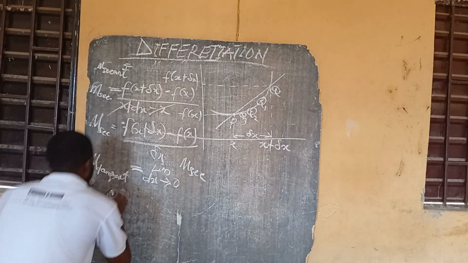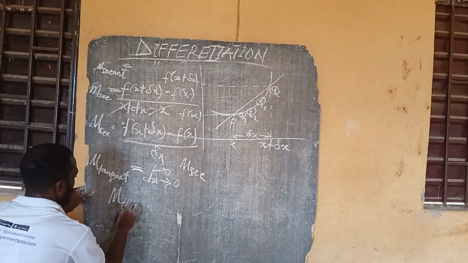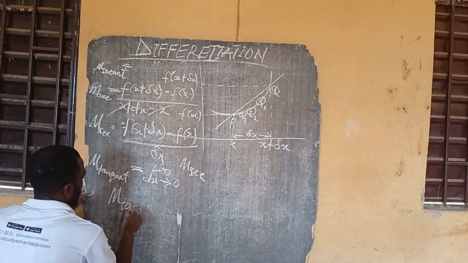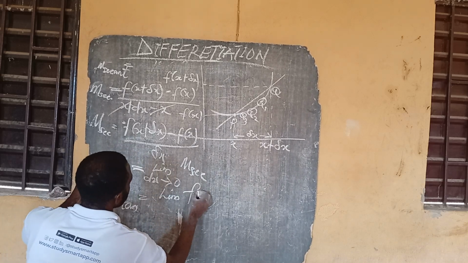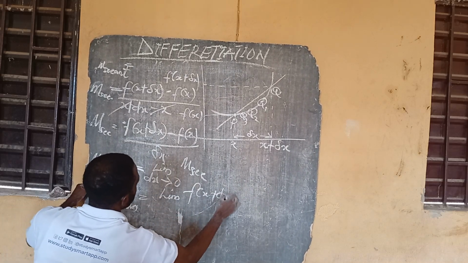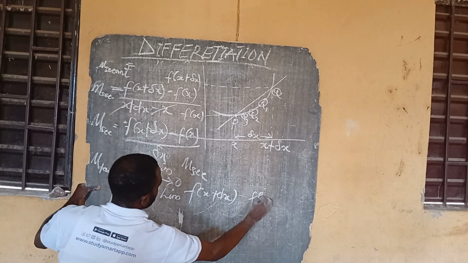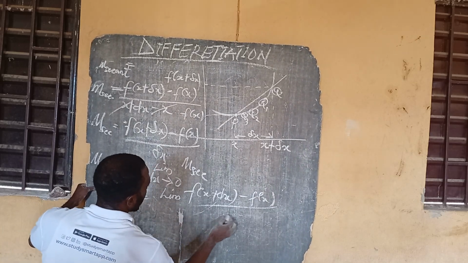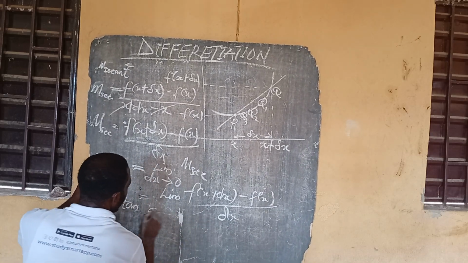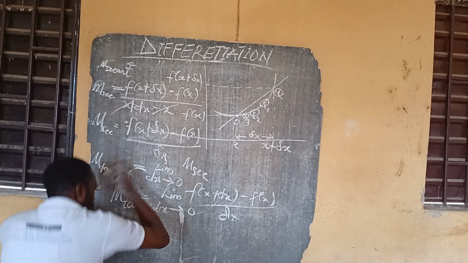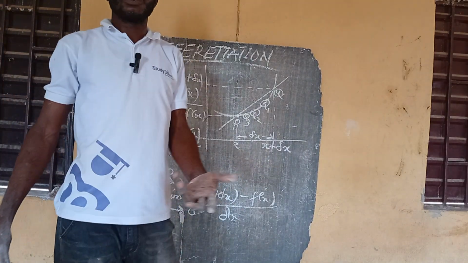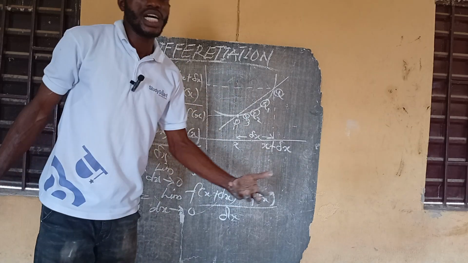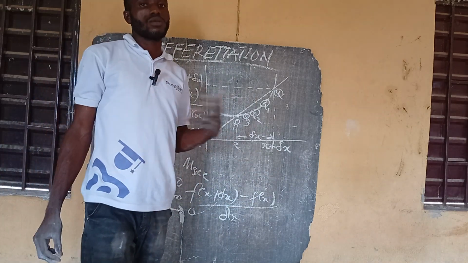So m sub tan is going to be the limit of f of x plus dx minus f of x all over dx as dx approaches 0. Now note, dx never really becomes 0. It only gets closer and closer to 0.